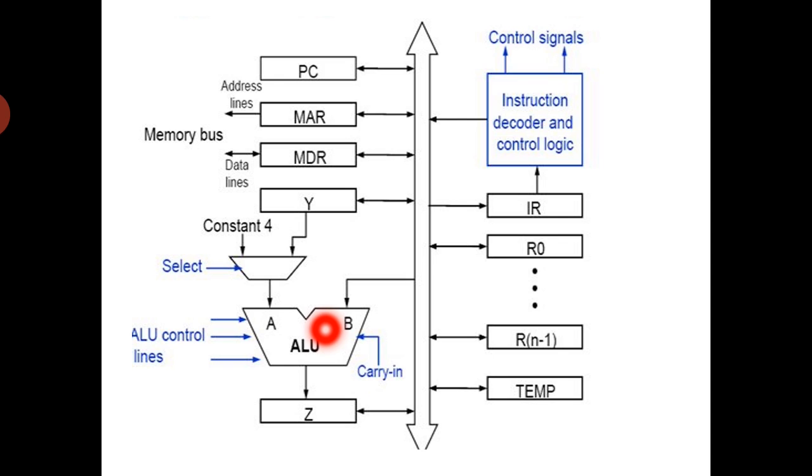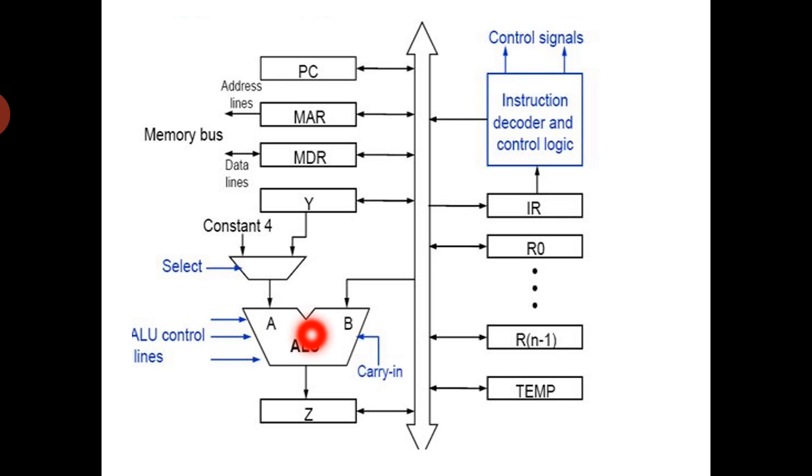The result produced by the ALU is going to be stored in the Z register, which is a temporary register. Why are we using a temporary register Z? Because the ALU has no internal storage.